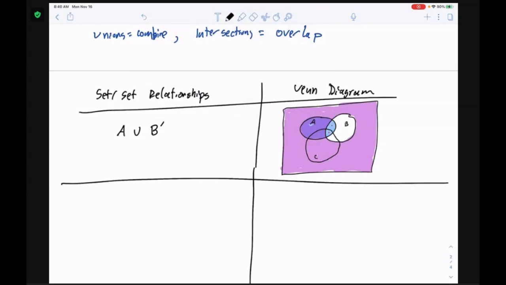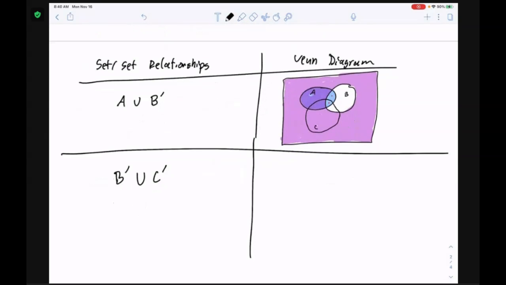What about the intersection of not B, the complement of B, and the complement of C? Not B union not C. Everything outside both of them combined.